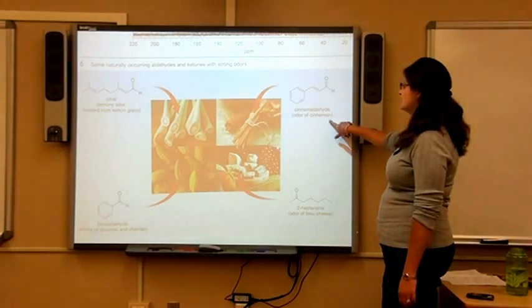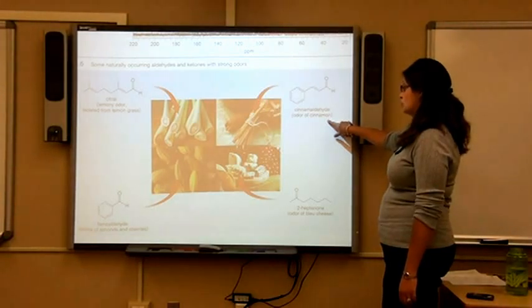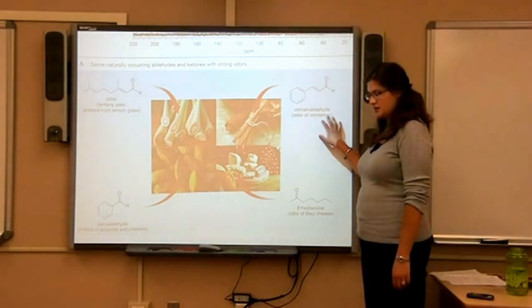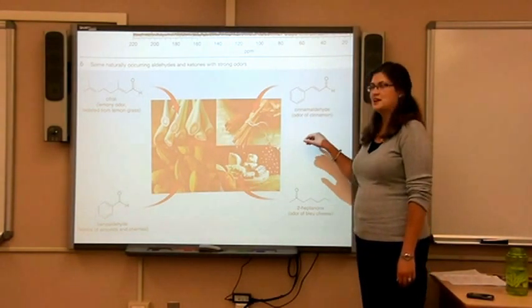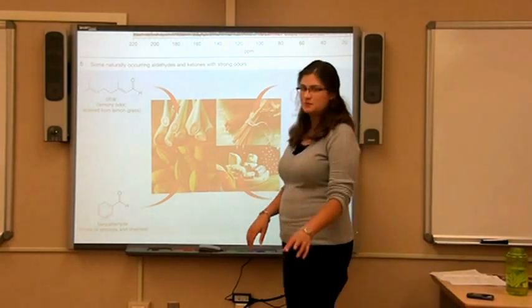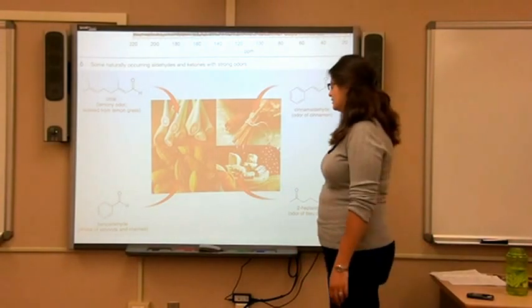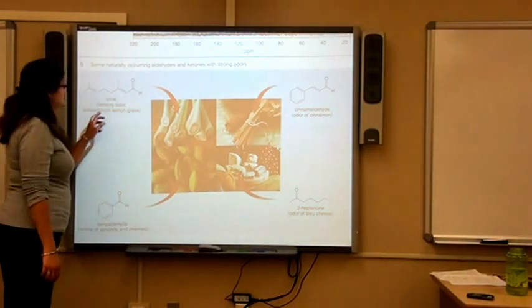Here we have cinnamaldehyde, which is the odor of cinnamon. In one of my lab experiments that I do with my organic chemistry students, we get to make cinnamaldehyde, and it's a fun lab because it smells pretty, as opposed to a lot of other organic compounds that smell gross. Here we have citral.